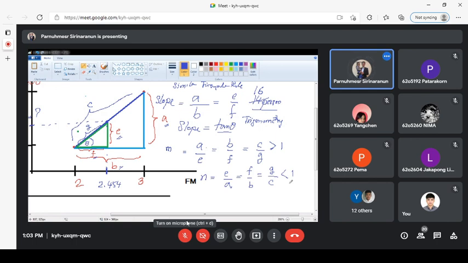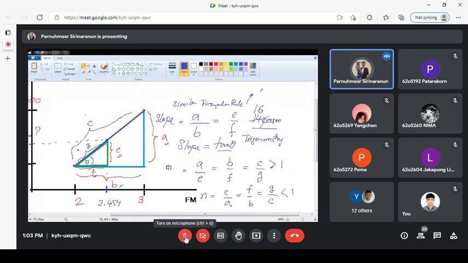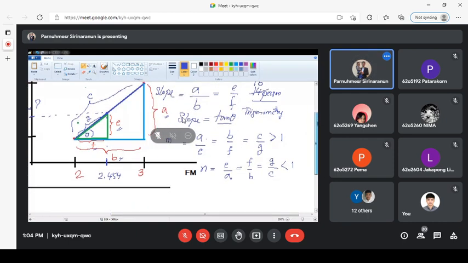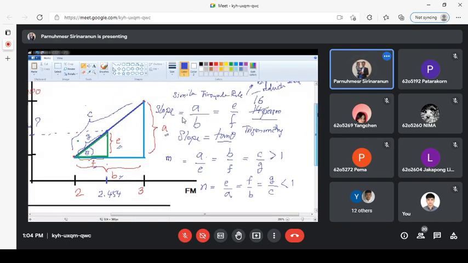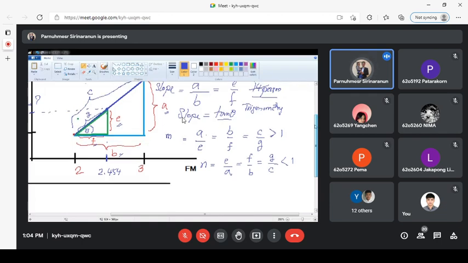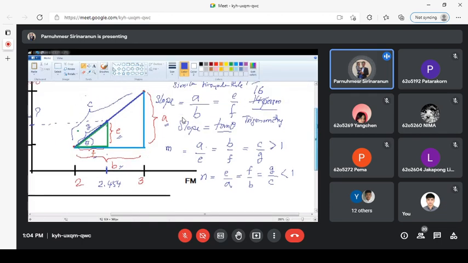Clear or not? This concept means reduction scale. Okay, the similar triangle rule tells you expansion scale and what? Reduction scale. Clear or not? It's the same for the three side ratios.